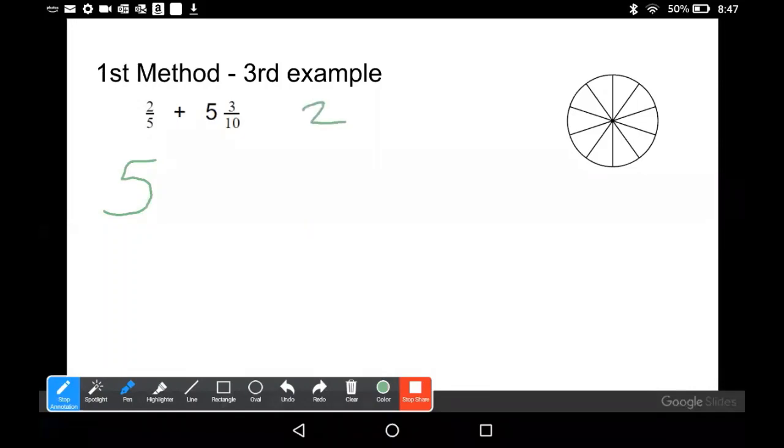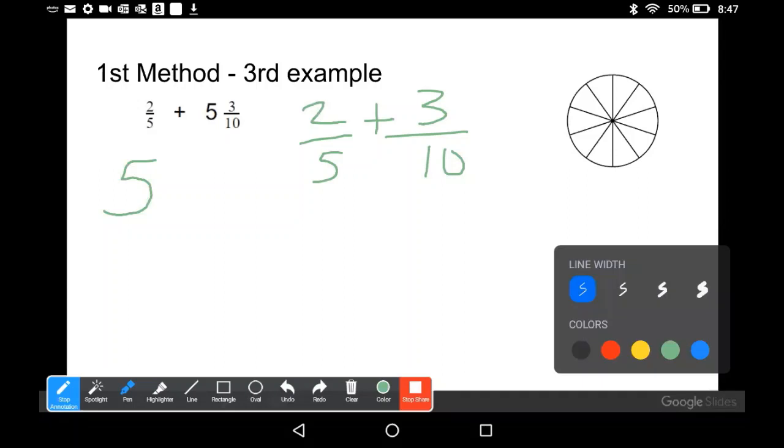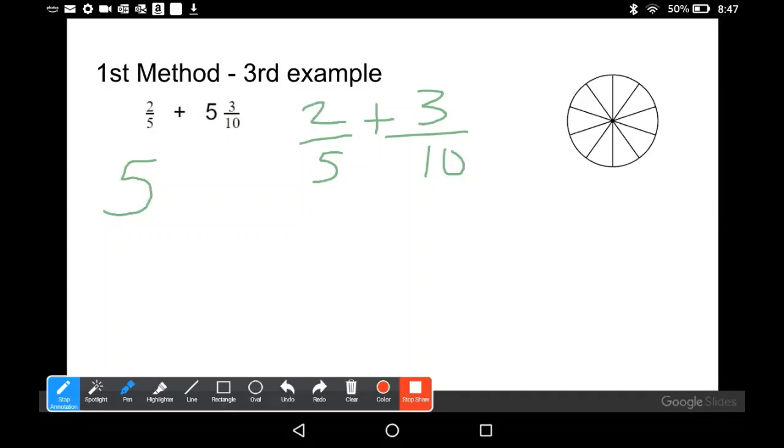So I'm going to bring the 2/5 and the 3/10 over here to add together. Okay, so I got to get a common denominator. So what number will 5 and 10 both go into? Okay, 5 and 10 will both go into 10. So 10 and 10.